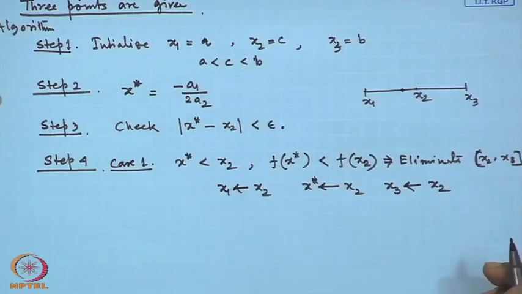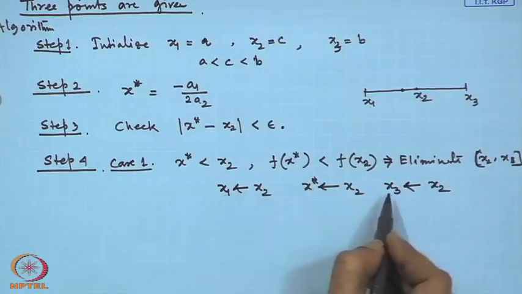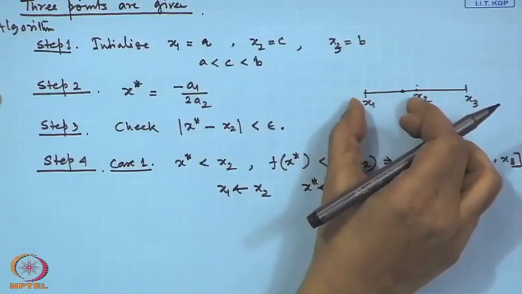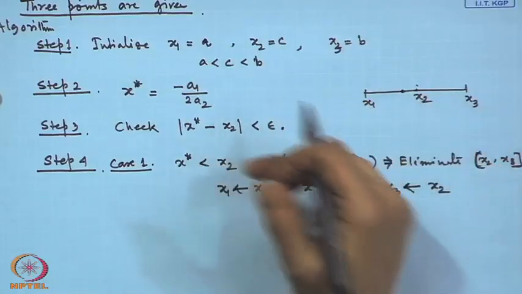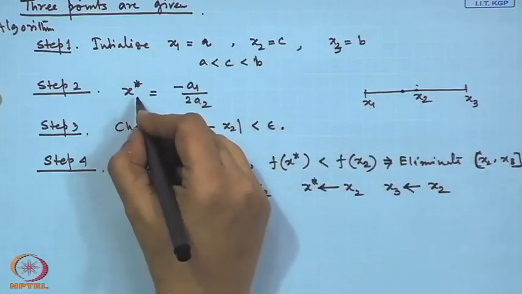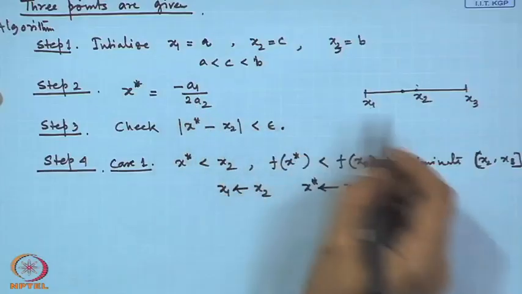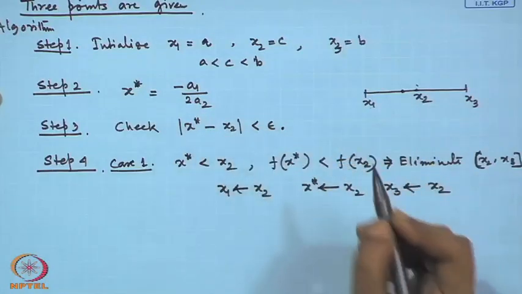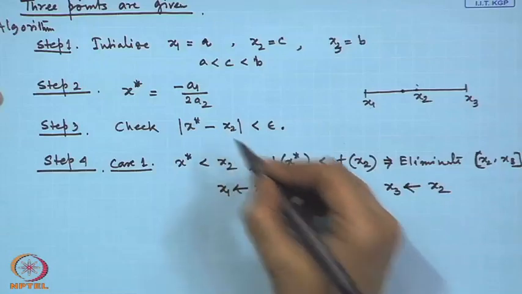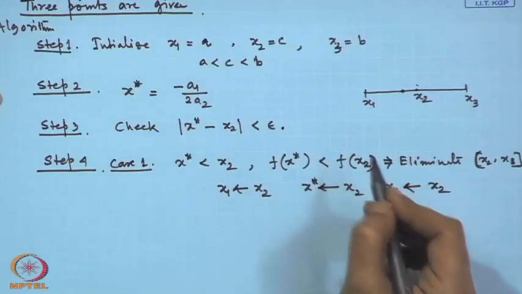Then we will get another interval x1, x star, x3, and we will find out the x star value. If x star is closer to the middle point of that interval, then it is accepted, otherwise rejected.